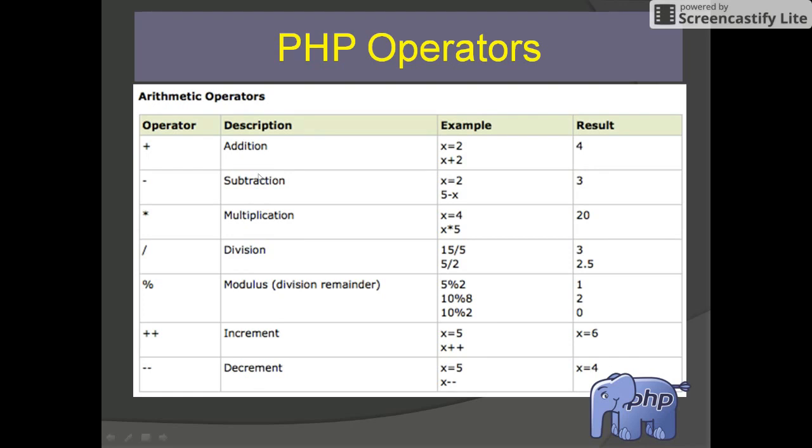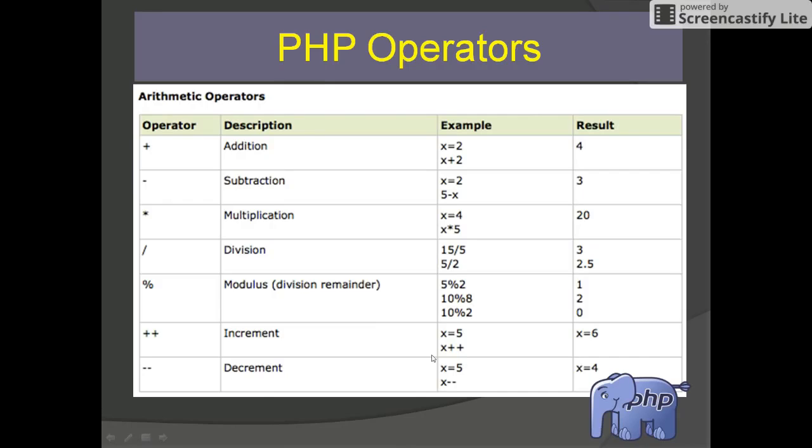An increment operator adds 1 to the value of the variable, and decrement subtracts 1 from the variable. We can place the increment symbol, or double plus symbol, after a variable or before the variable.